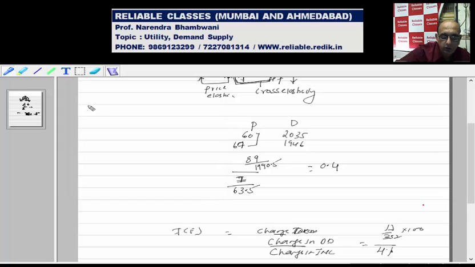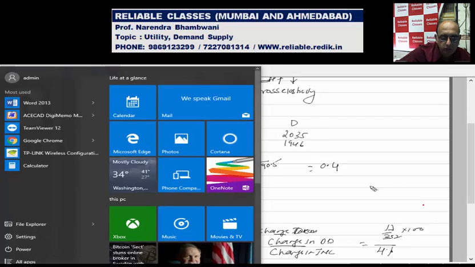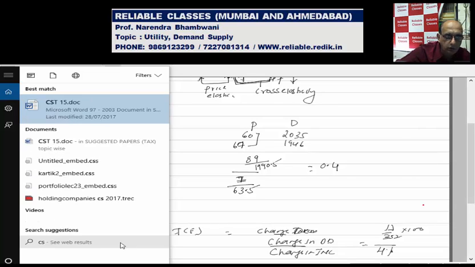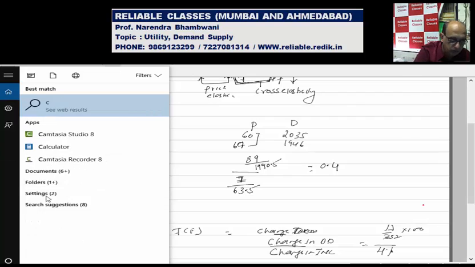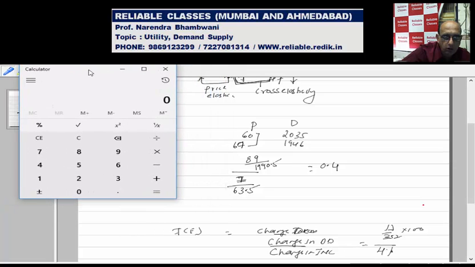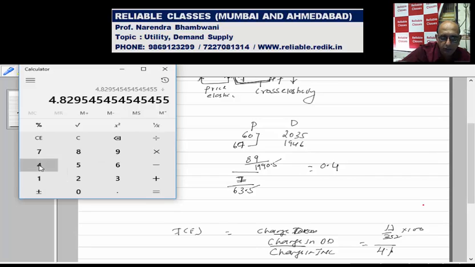See it this way: 17 divided by 352 into 100. यह हुआ percentage change in demand divided by percentage change in income 4%.